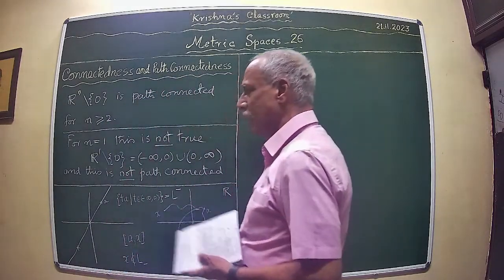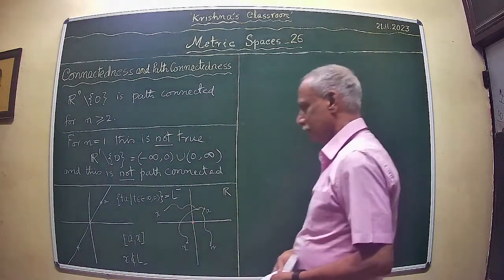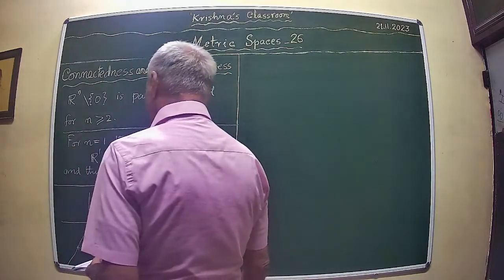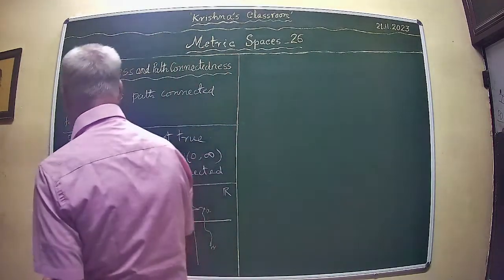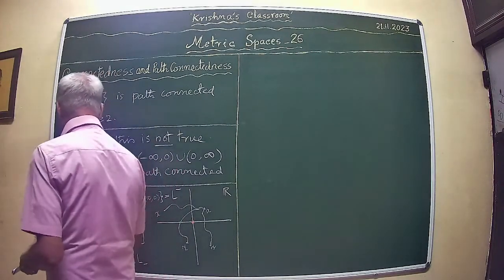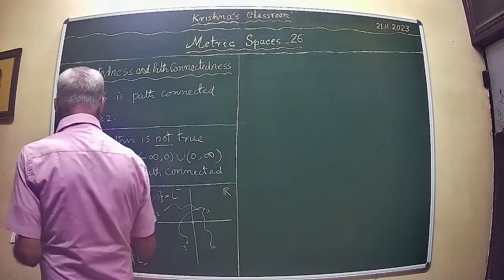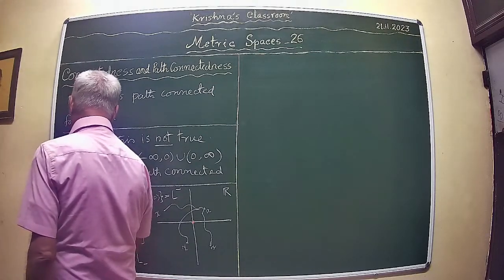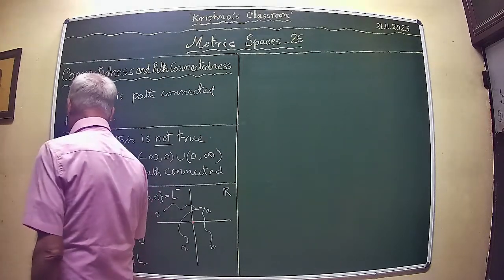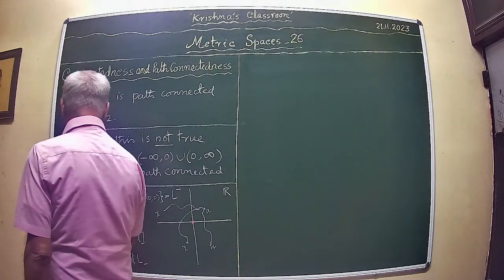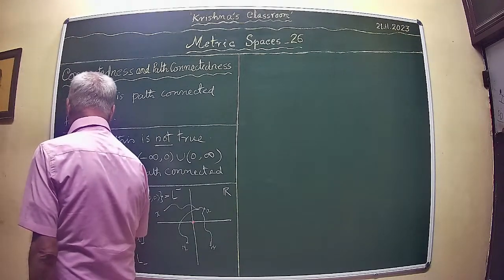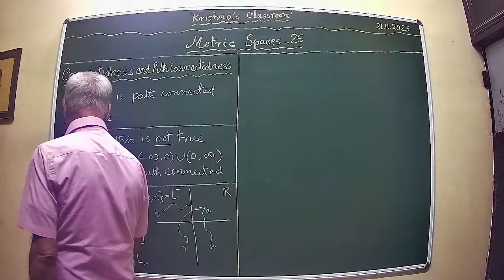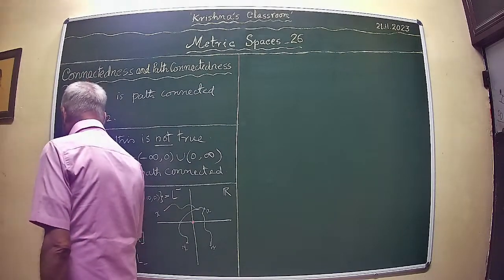This is a path. That is clear. So we have to find a path connecting A and x. What is the other way? You first go to some place where you can connect, and then from there you connect this. So what you can do is take a point on the coordinate axis which is non-zero, connect it, and then.